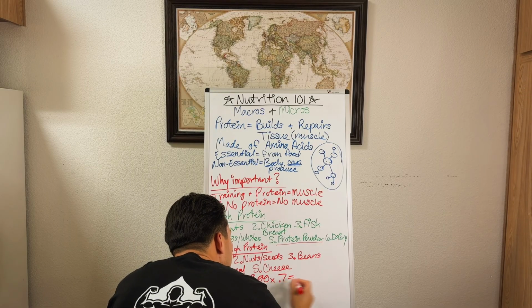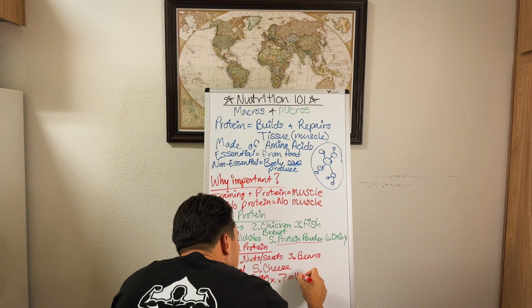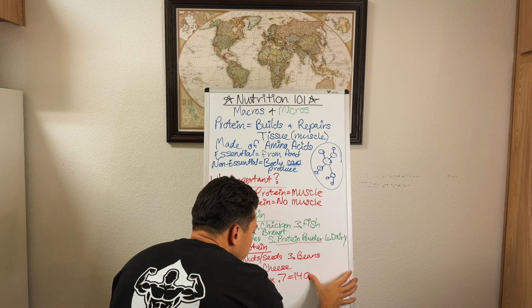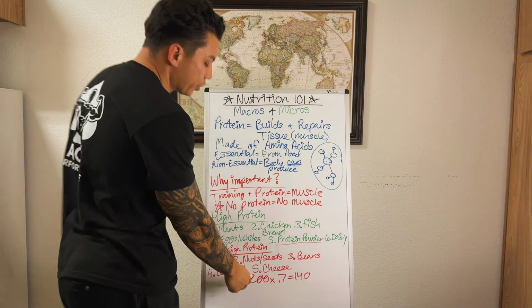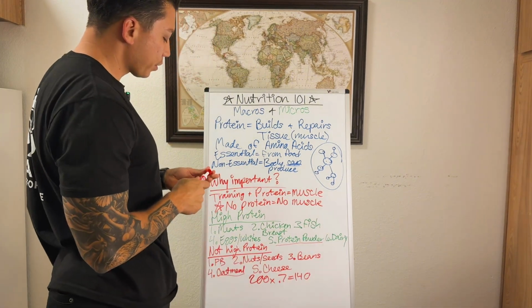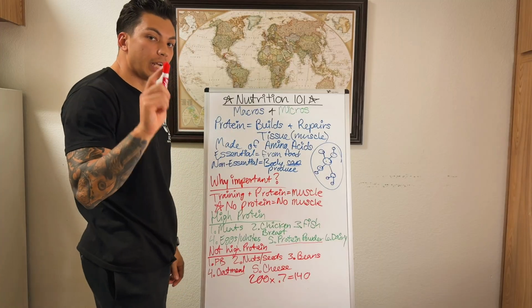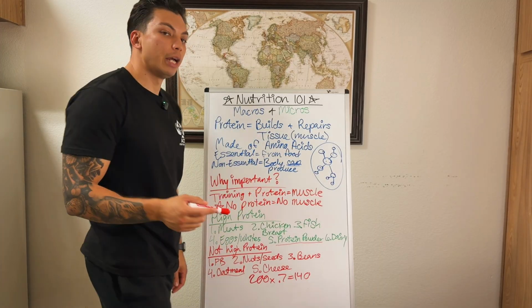That's 7 times 2 is 14. Move over 1 decimal. That's gonna come out to 140 grams of protein. So 140 grams of protein is what you need to be eating every single day if your goal weight is 200 pounds, if you wanna build, repair, and maintain muscle.